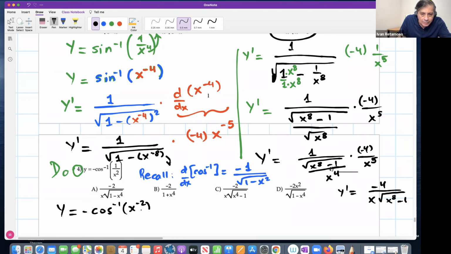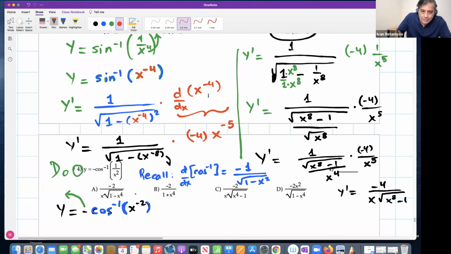So we're going to use the power rule to get the derivative of our inside function, right? Yeah, and the second hint should be the negative sign. Don't worry about that because it can be pulled outside the differentiation, outside the derivative. Focus on the derivative of this composite function, the one having outside function cosine inverse and inside function x raised to minus 2.